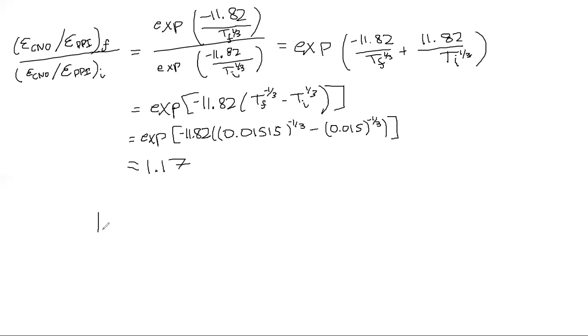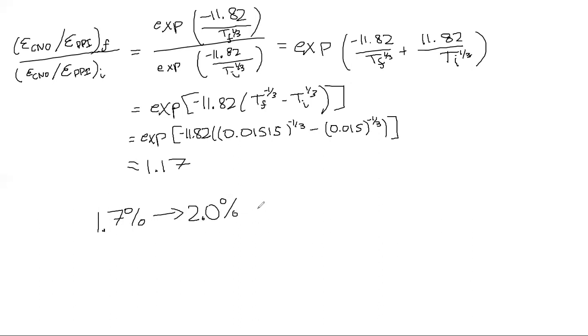And then remember at the beginning of the problem, I told you we would show that, even though this is a big jump, the star is still PP chain dominated. So we're told that the star begins as having 1.7% of its energy created by the CNO cycle. If we increased that by 17%, we would only get 2%.